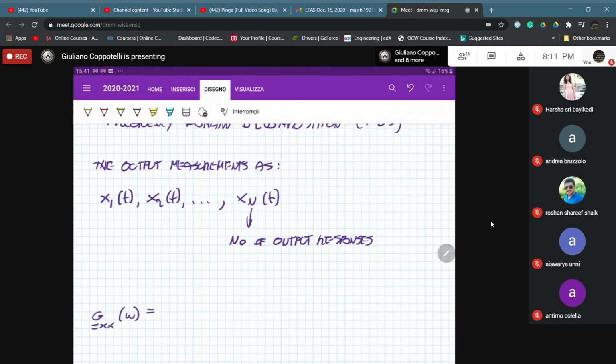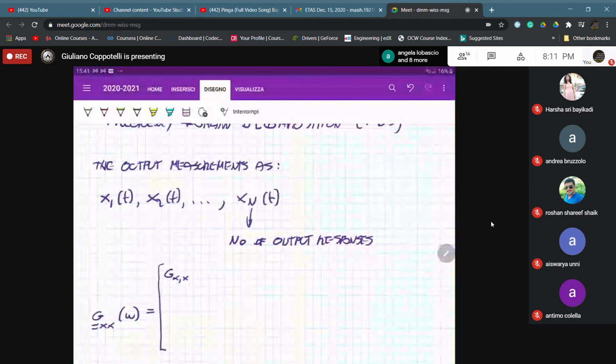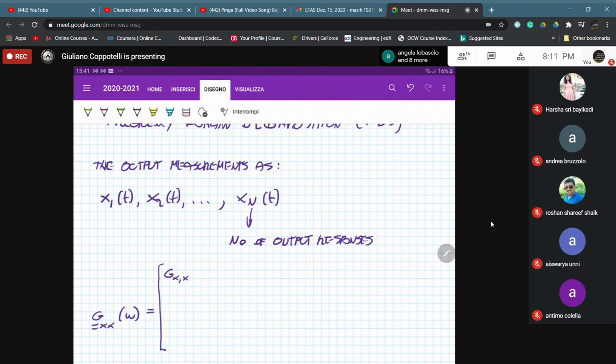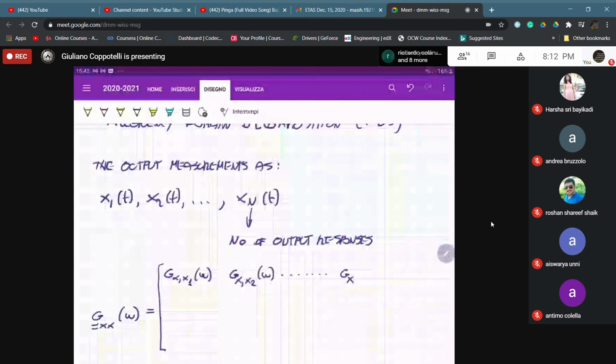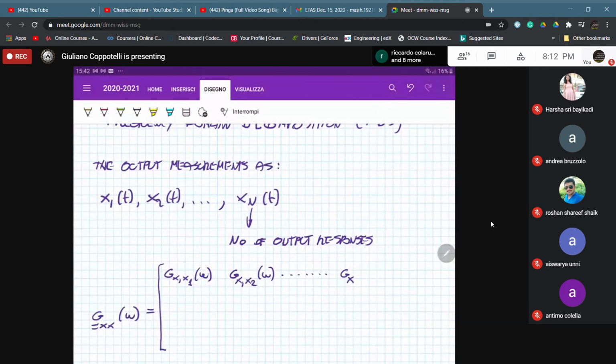And that is equal to Gx1x1 of omega, Gx1x2 of omega, and then we get Gx1xn of omega, and then till the last one, Gxnx1 of omega, up to Gxnxn of omega.